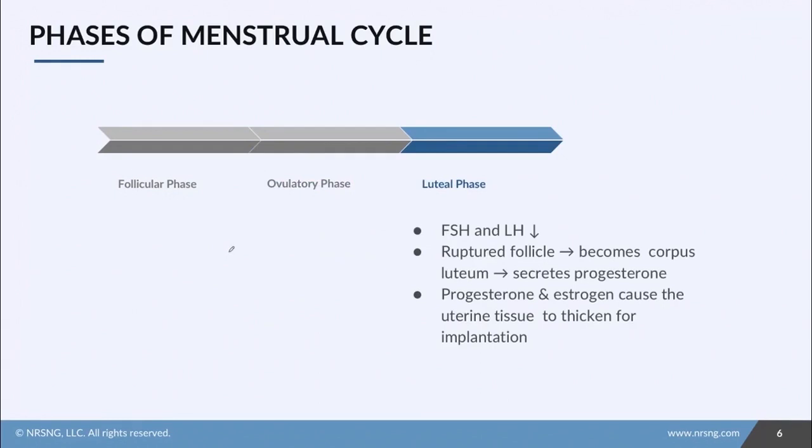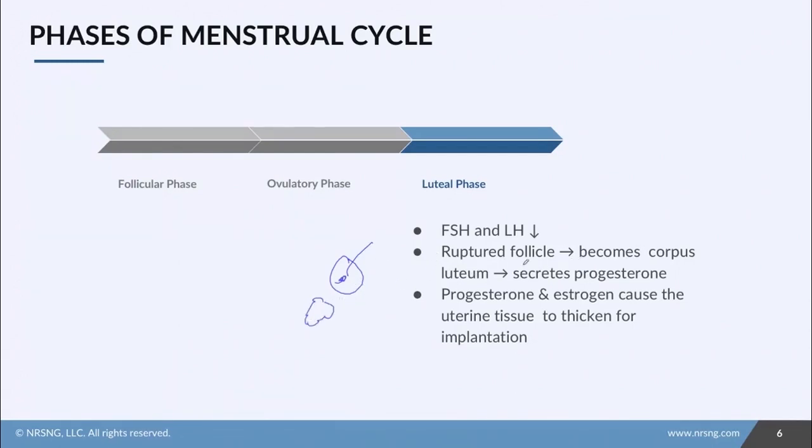So our last phase, ovulation has occurred, which remember happens around day 14, and we're now in the luteal phase. So FSH and LH are going to decrease, and you remember that ruptured follicle that contained the egg. That follicle had the egg, it ruptured. Now we have it turn into the corpus luteum.